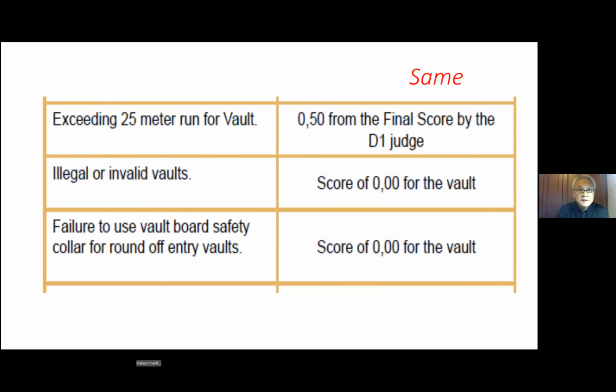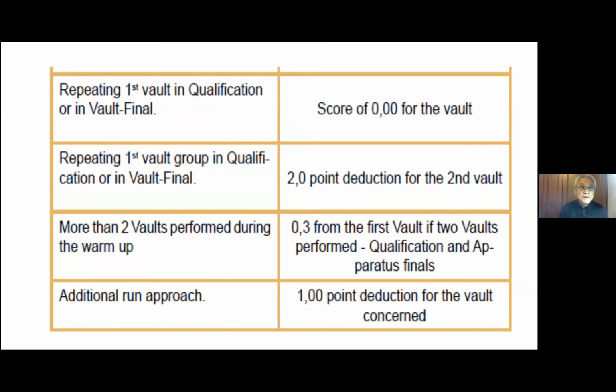Exceeding 25-meter run, 0.5 deduction from the final score, D1 judge. Illegal and invalid vault, score 0. And failure to use the vaulting safety car for round off entry vault, sometimes it will happen, score 0. And repeating first vault in qualification or in vault final, score 0.